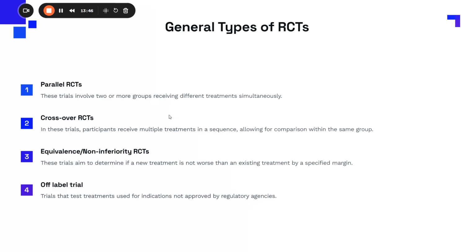Whereas in a crossover study design, after a period of washout time, the intervention group is given the control, either the placebo or the standard of care, whereas the individuals who were in the control group are given the intervention, and then they are again checked for the outcomes.